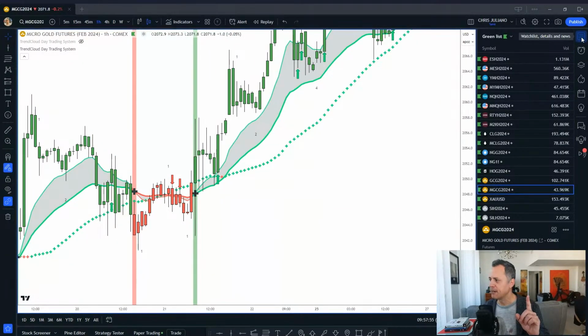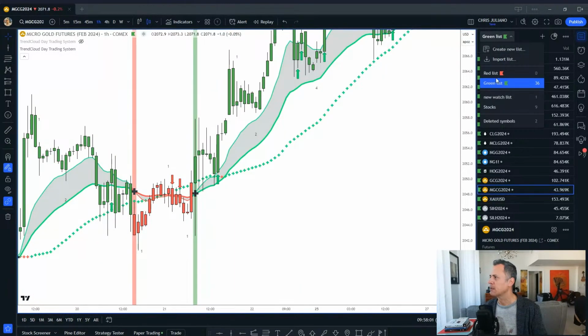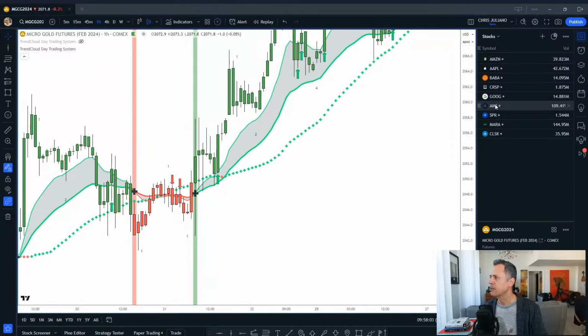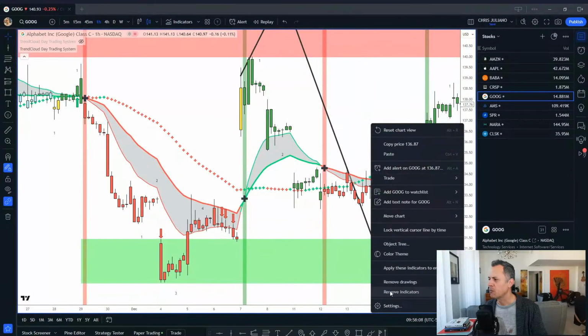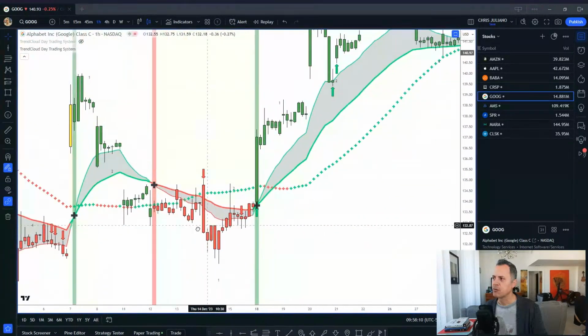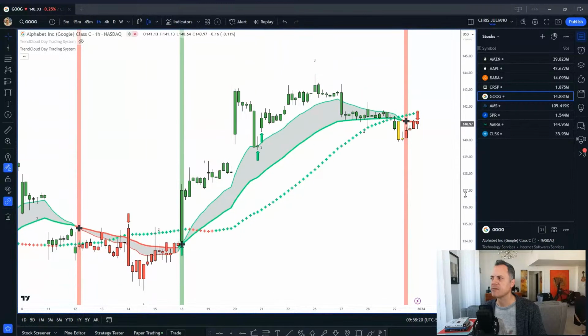We're not doing that in trading, okay? You'll lose everything. We're looking at stocks. Let's go over to Google. If you're a beginner, you're going to that 1-hour time frame, or you can go to the daily as well, but the 1-hour time frame with TrendCloud works beautifully for accumulating.